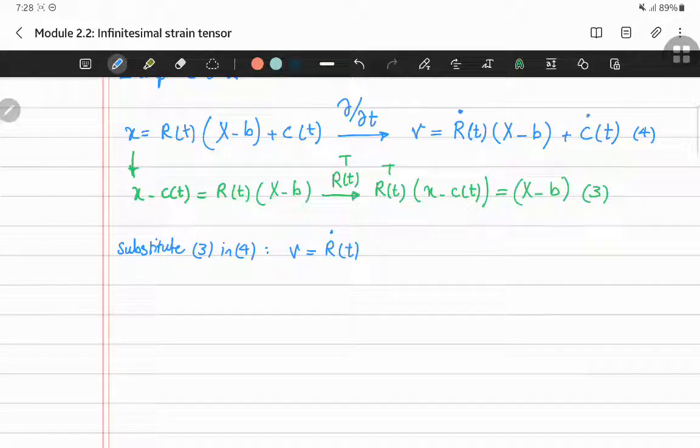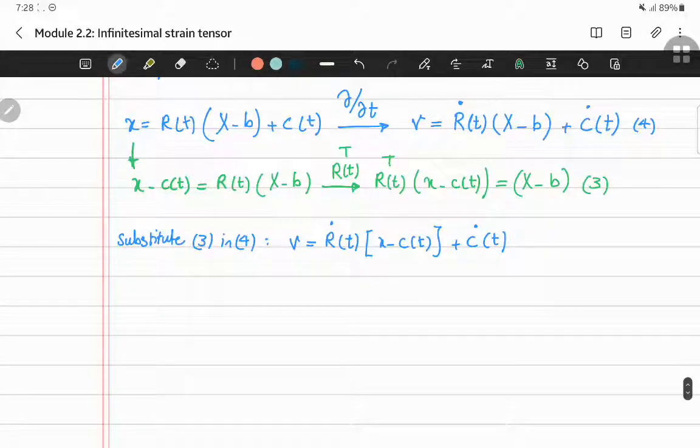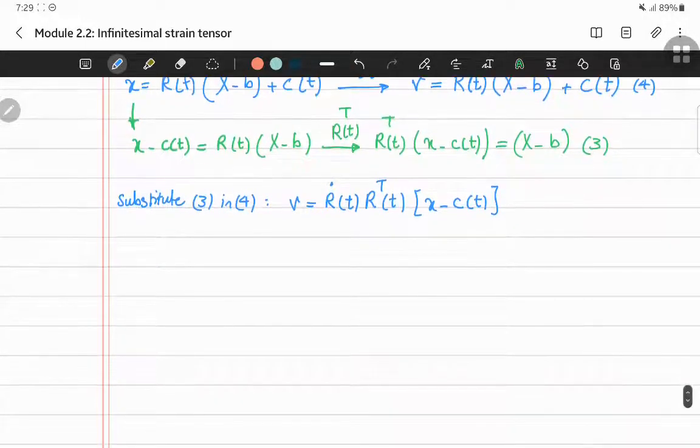So instead of X minus B, we have R transpose(t) times (x minus c(t)) plus c dot(t). I guess that I missed this R transpose in here. Perfect. And now let's work on this.